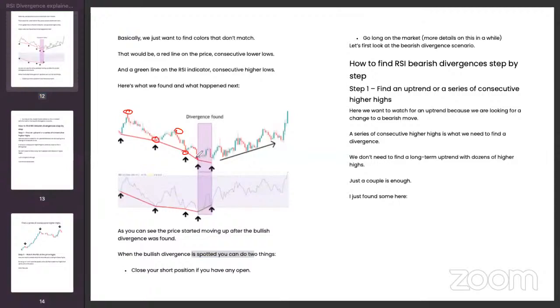If you see a divergence, get out of the trade, because what's going to happen is the opposite. I hope you see after the divergence was discovered, the market started forming an upward movement. We have said divergences indicate change of trend.